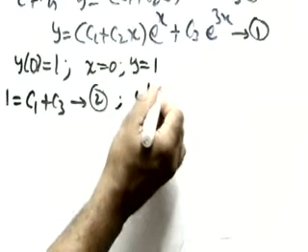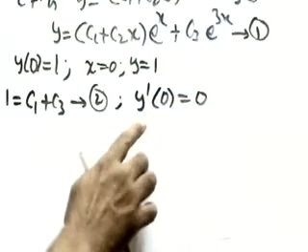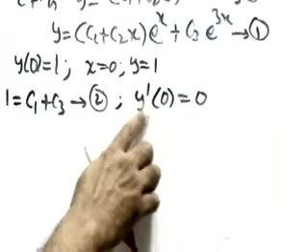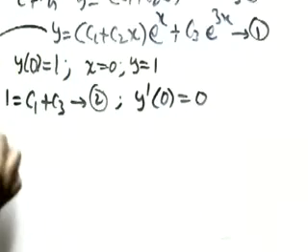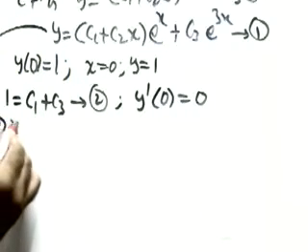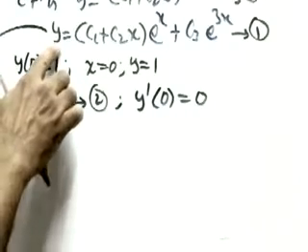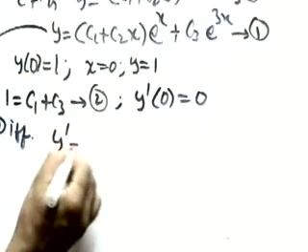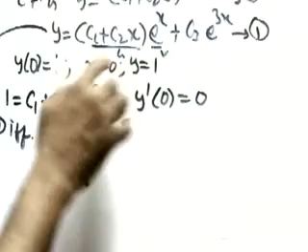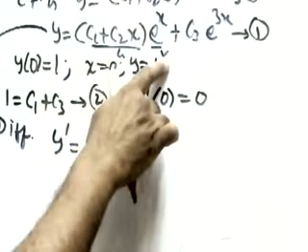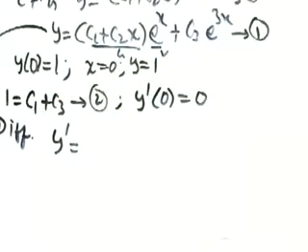On the next condition, what is given here? y dash of 0 equals 0. That means after differentiating one time, x is 0, y dash is 0. Let me start differentiating. When we differentiate, y will become y dash. Now these two are multiplying, so we take this as u and this as v.